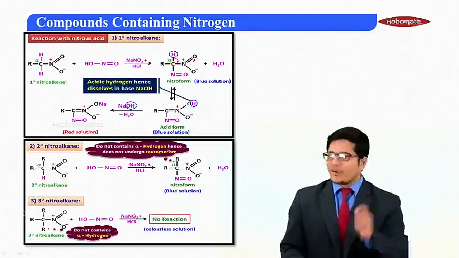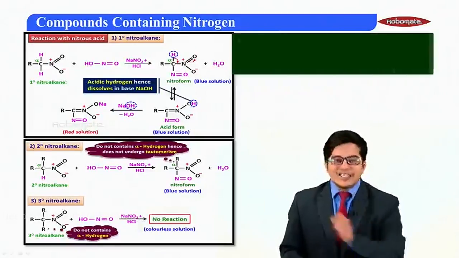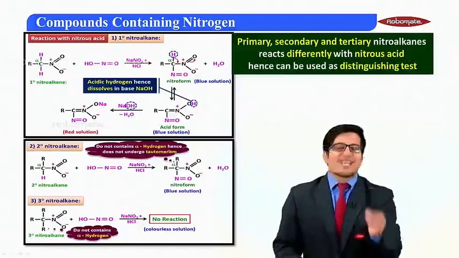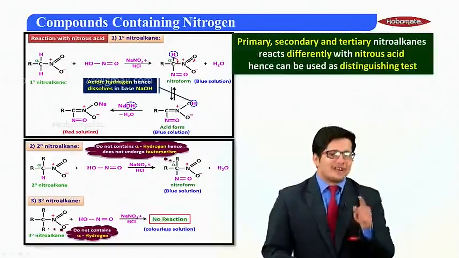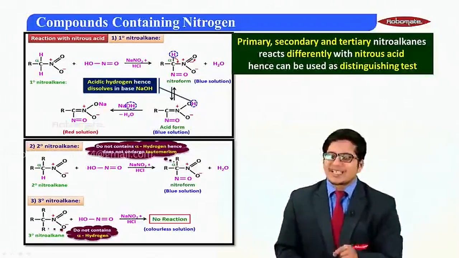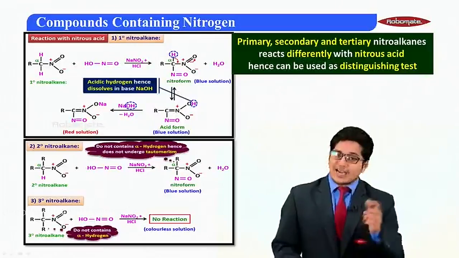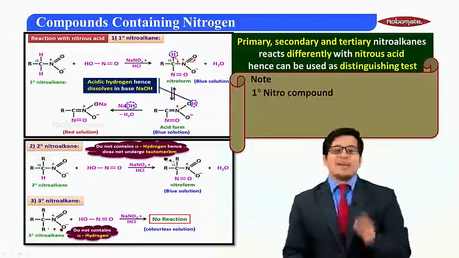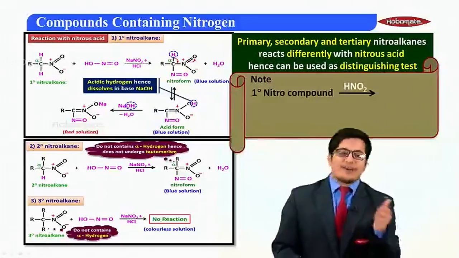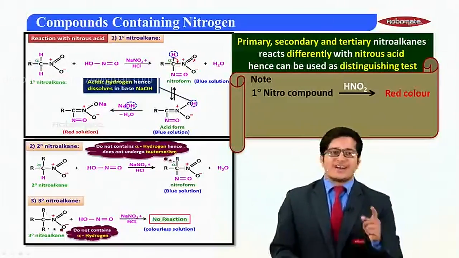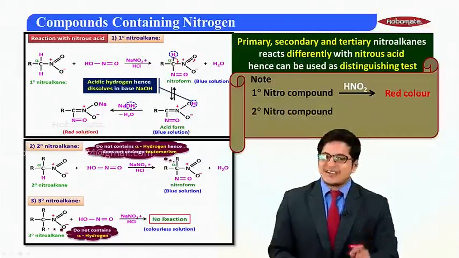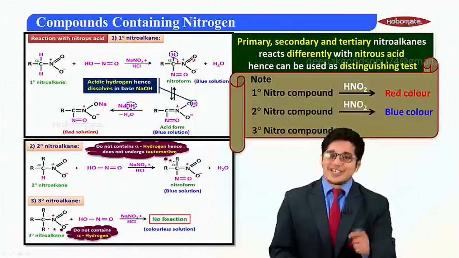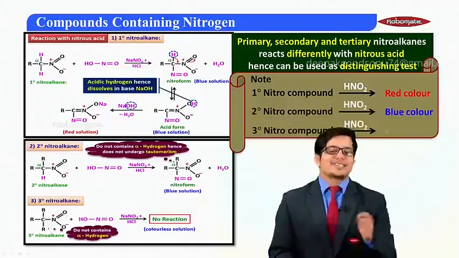Now what we can say is HNO2 reacts differently with primary, secondary and tertiary nitroalkane. So hence it can be used as a distinguishing test. And how does it react? A primary nitro compound on reaction with HNO2 gives a red color solution, secondary gives a blue color solution, and tertiary gives a colorless solution.